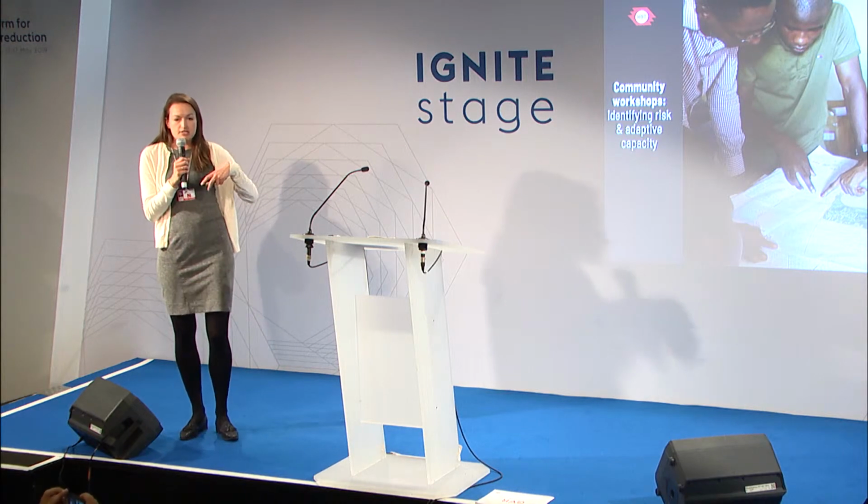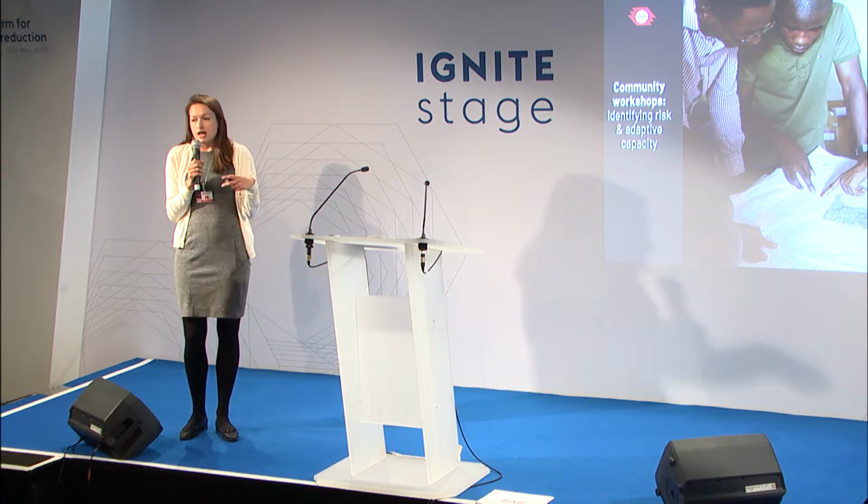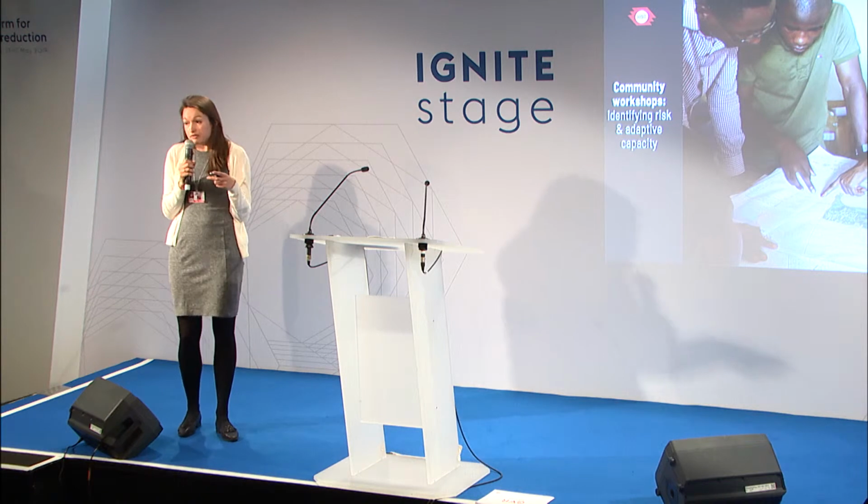And then understanding the adaptive capacity and advantages, things that the communities could do themselves to increase their own resilience. Some of this happens through surveying, training community members to survey other community members in the place that they live.